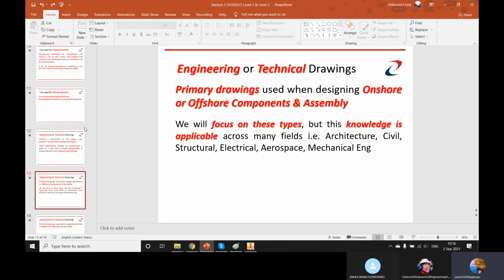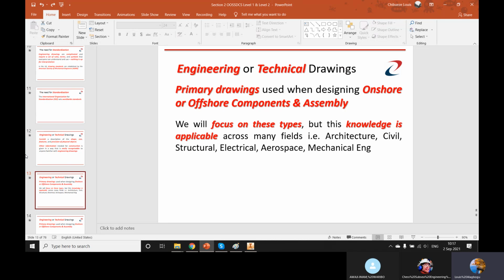Primary drawings are used when designing onshore or offshore components, and that's what we're going to focus on in this class. But you can apply the same knowledge to almost every other branch of engineering, like civil, electrical, mechanical, architecture.